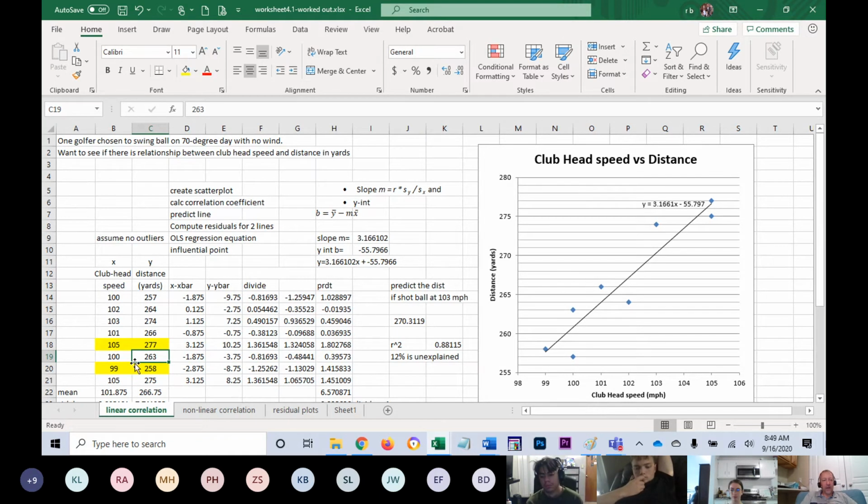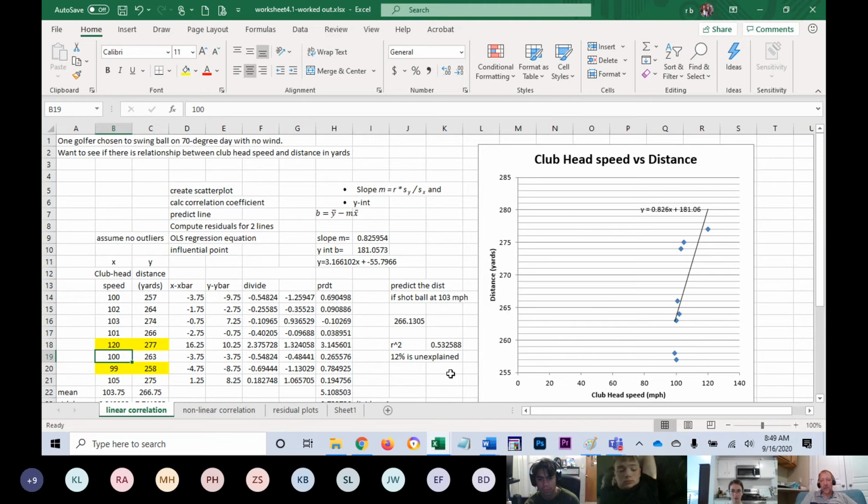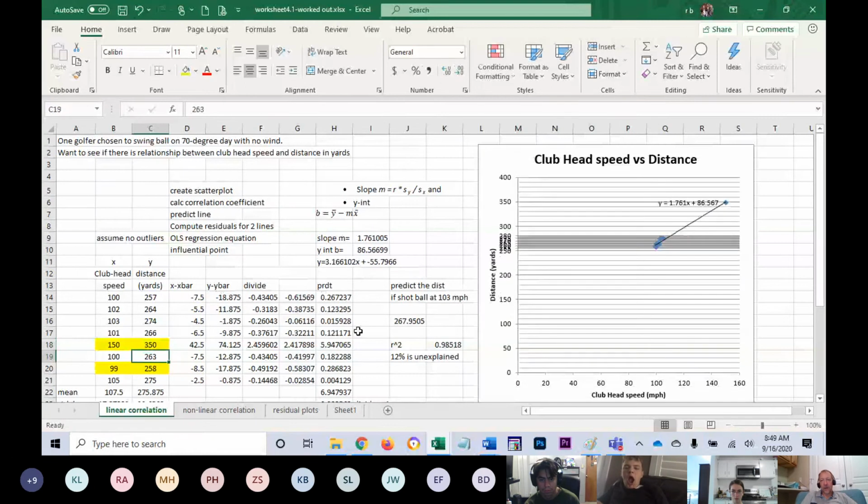Now that's also an outlier. Now, what if instead of 105, I went 120 miles an hour? Let's move it to 150 miles an hour, and then this is going to be 350. Let me see if I can put it more in line.